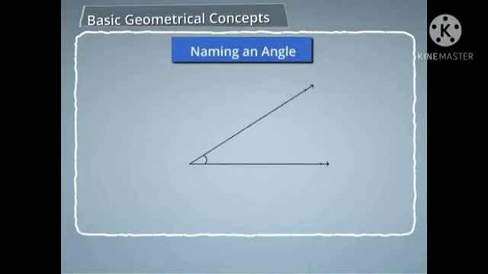Naming an angle. To name an angle formed by two rays with the same initial point, we name the vertex, say O, and take 2 points A and B, one on each arm. In the figure, AOB is an angle. It is written as angle AOB or angle BOA.